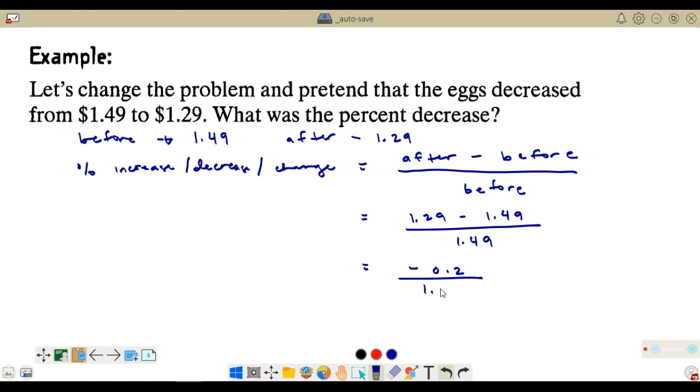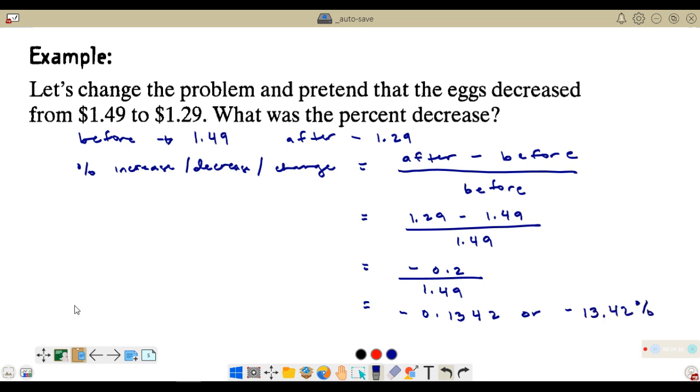Divide it by 1.49. You will end up with negative 0.1342 or negative 13.42%.